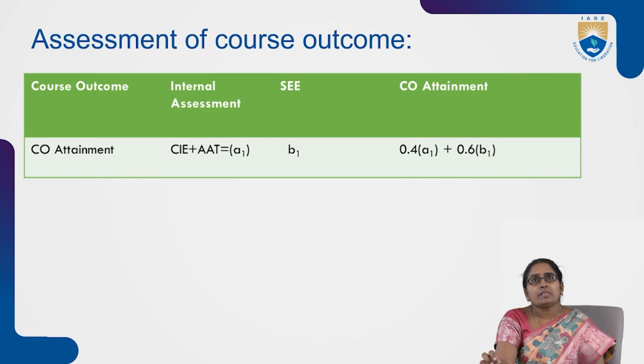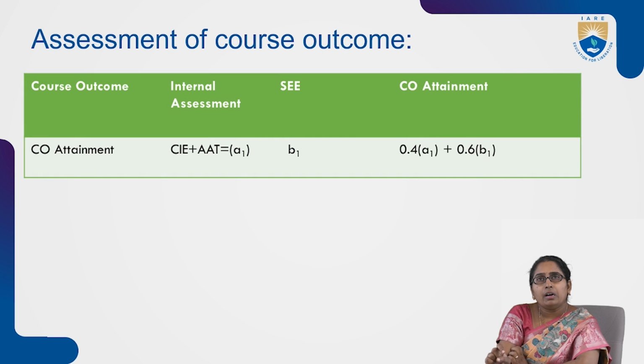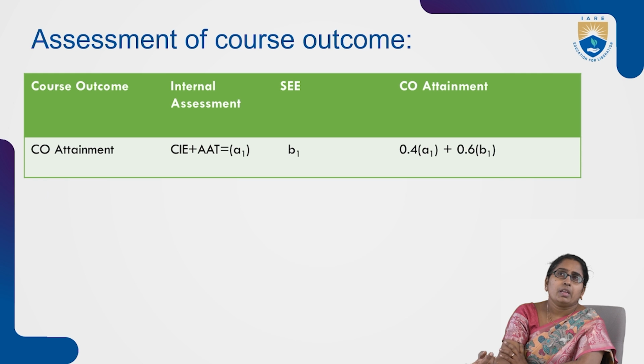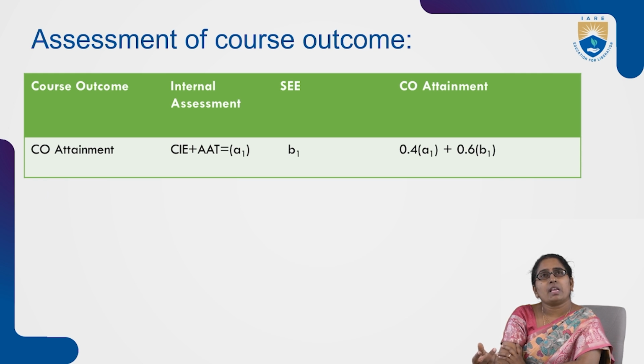And here is the assessment of course outcome. It is given in the form of CO attainment, calculated like this. They take two parameters, A1 and B1. A1 is under internal assessment, CIE plus AAT, and the second parameter B1 is for the semester end exams.